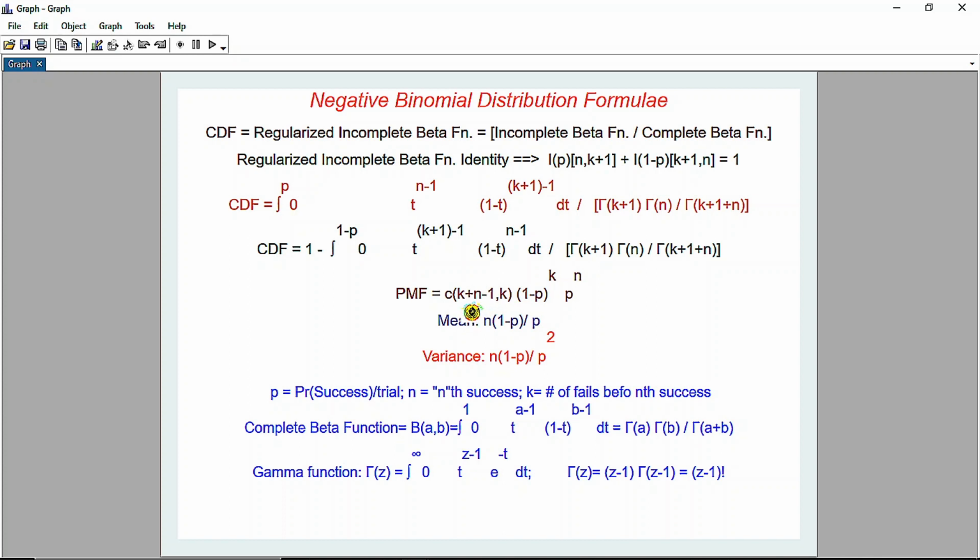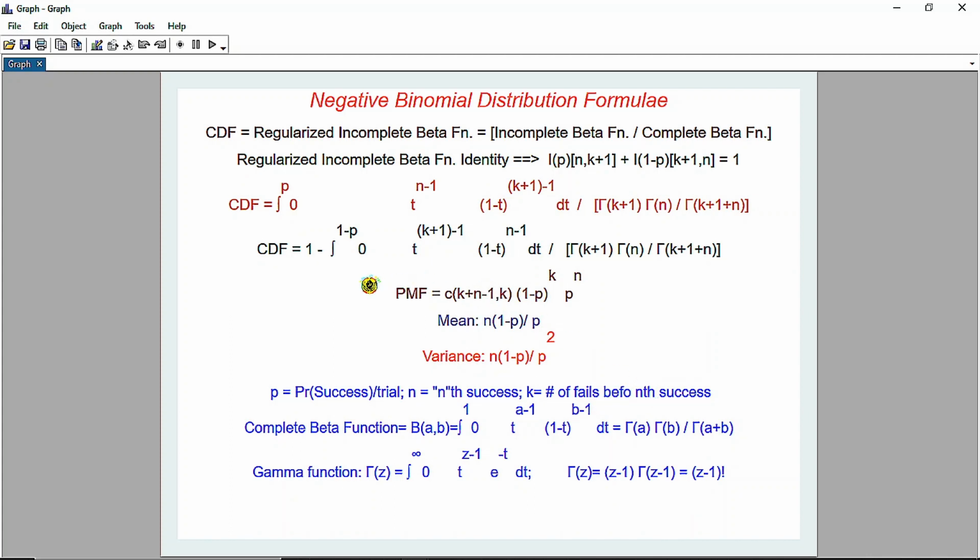K plus n minus 1, where k is the number of failures and n is the nth success, we deduct 1, meaning thereby we ensure k failures, where p is the probability of success in each trial, and k is the number of required failures before getting the nth success.